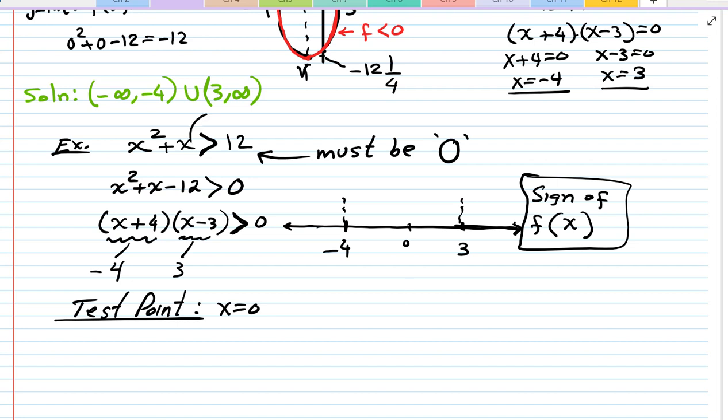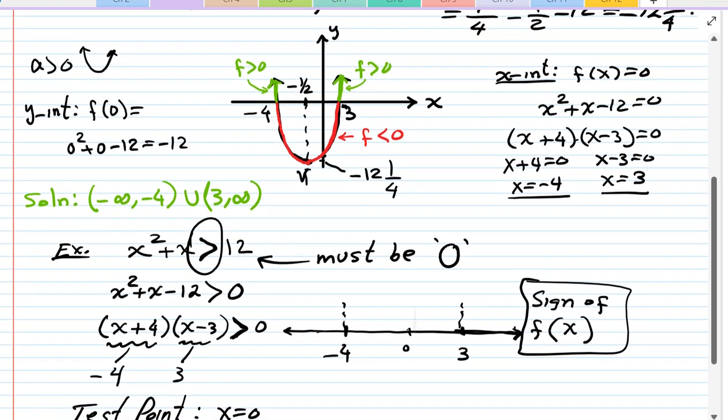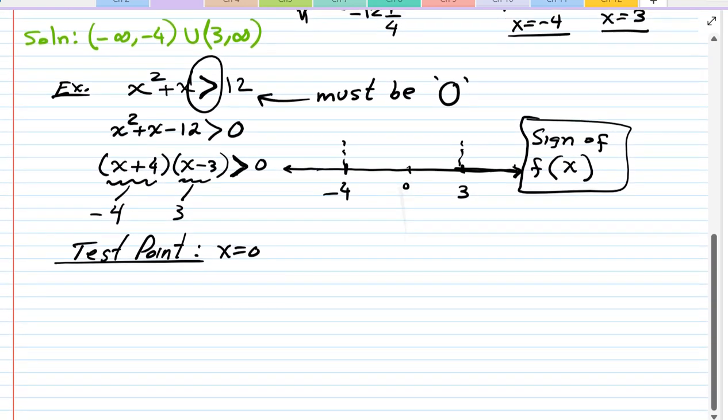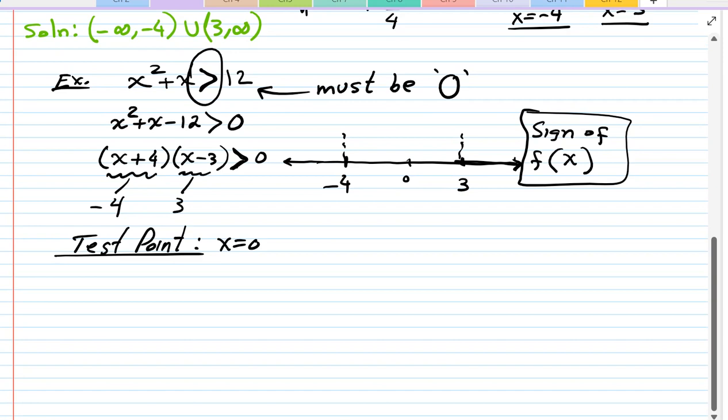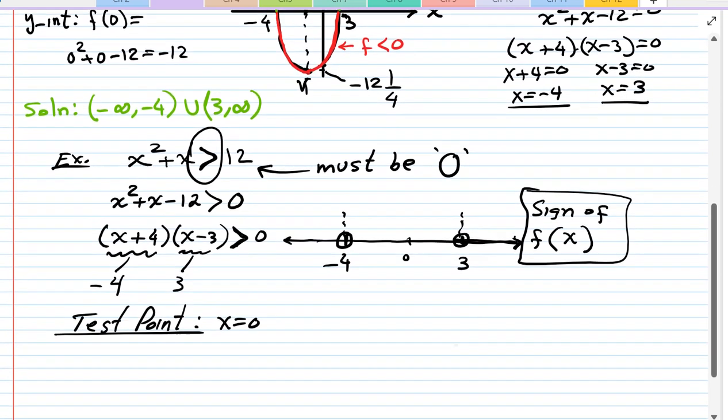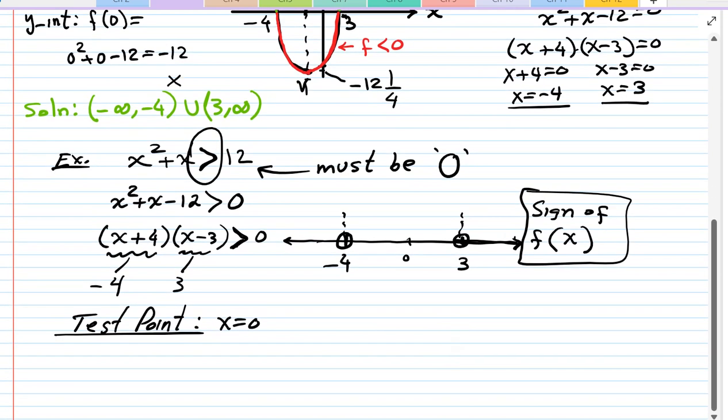Now, because this is greater than, at negative 4 I'm going to have an open circle, and an open circle at 3, right? And those open circles translate into these parentheses right here. You see that? Now my test point is 0. I'm going to plug 0 into this function.